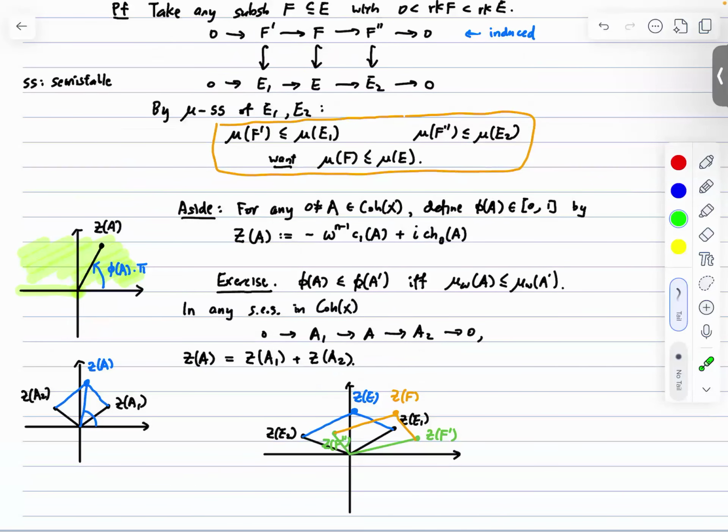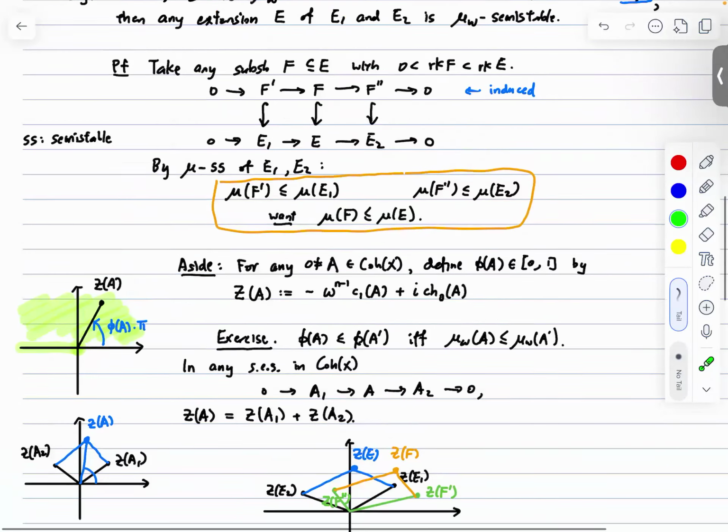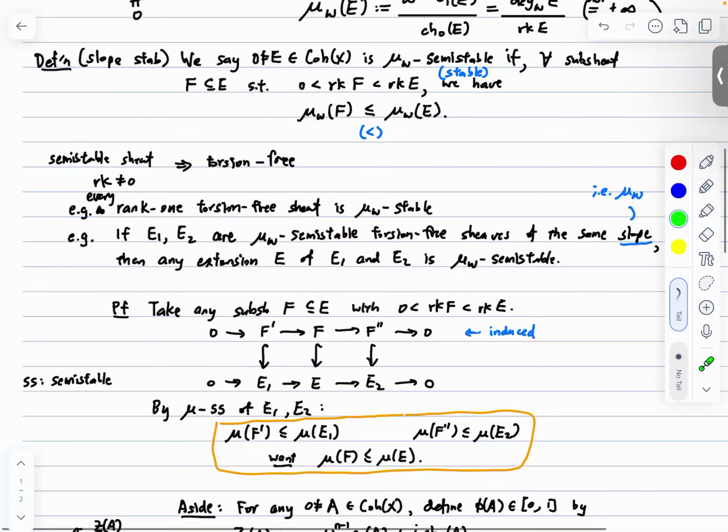So all of this so far is about slope stability. Now, how do we think about Bridgeland stability? Let's review slope stability for a second before we move on. Slope stability is defined for objects in the abelian category of coherent sheaves.